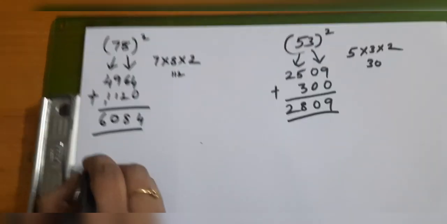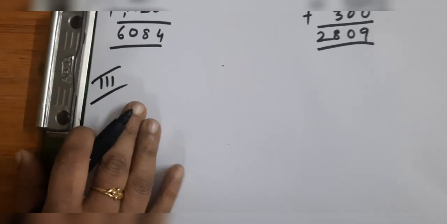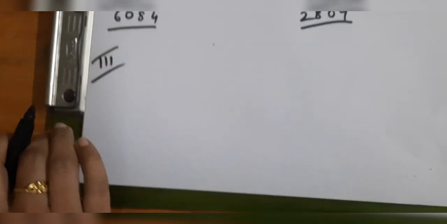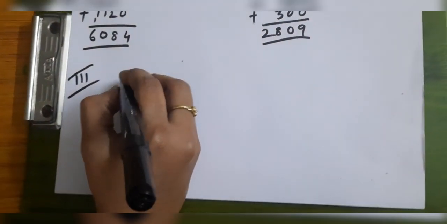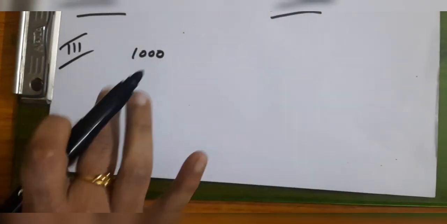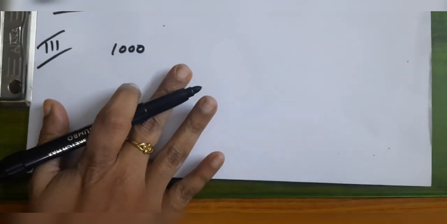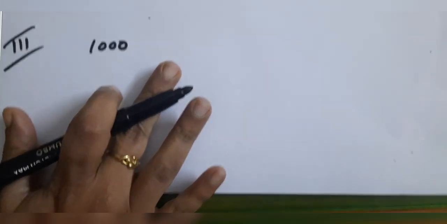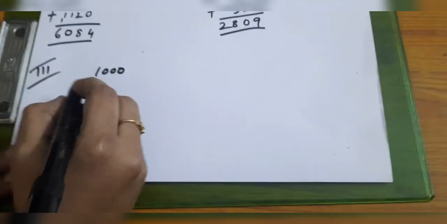Now let's go for the third one, where you can find square of a number up to 1000. So you can use this third concept even to find the square of a 2-digit number. So now let's take 113. Let's check how to find 113 square.